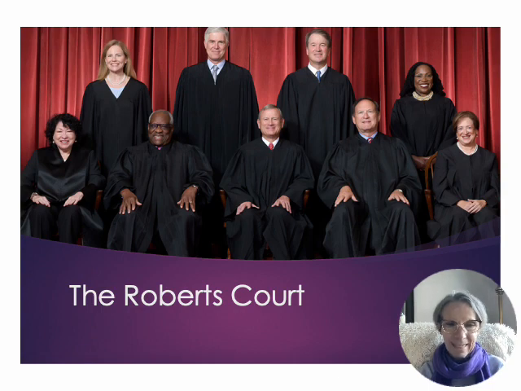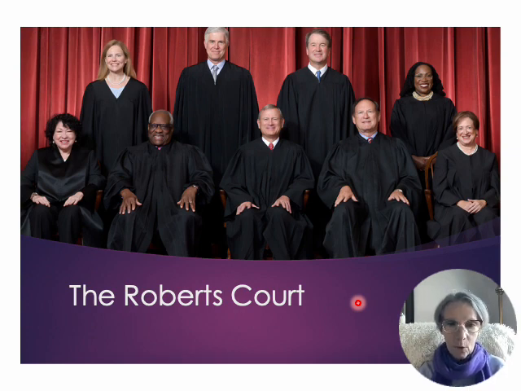So this is the picture of the Roberts Court. And it is called the Roberts Court because John Roberts is the Chief Justice of the Supreme Court. Okay. And so there's one Chief Justice and there are 8 associate justices. And so when a new Chief Justice is confirmed, the name of the court changes.